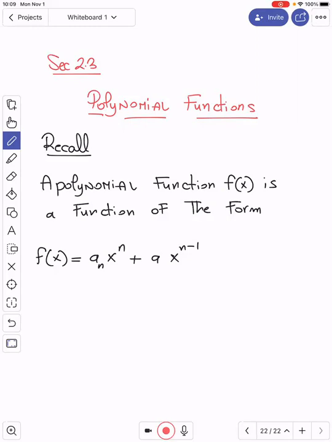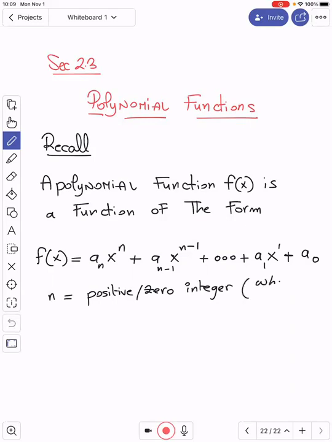Let's call this number a subscript n minus 1, etc. Plus x to the power 1, with a subscript 1 in front of x, and then there's the constant a subscript 0. Again, the idea is that n is a positive or 0 integer. By integer, I mean a whole number.